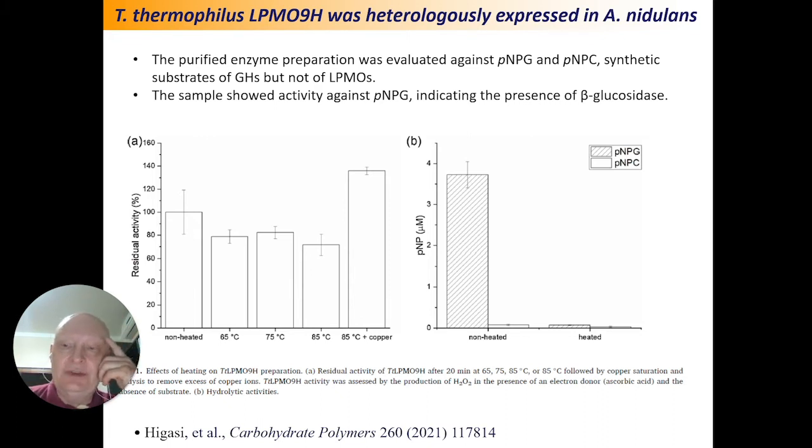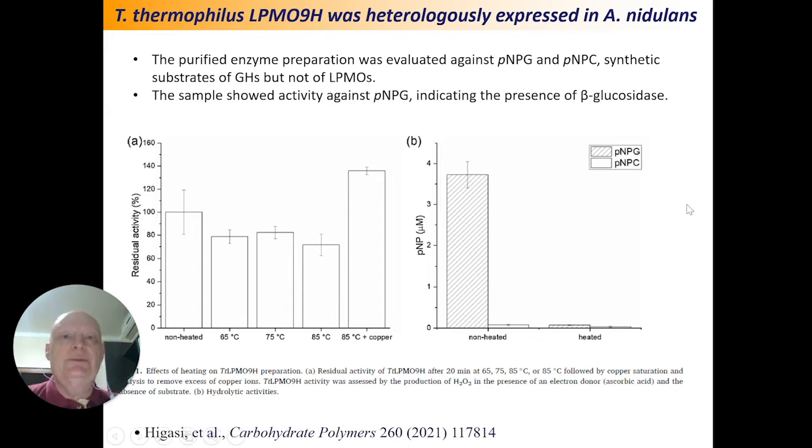When we decided to characterize TtLPMO9H, it had to be produced. So we expressed it in Aspergillus nidulans. And when you produce something in a fungal expression system, you will check the resulting purified enzyme for additional activities such as cellulase activities.